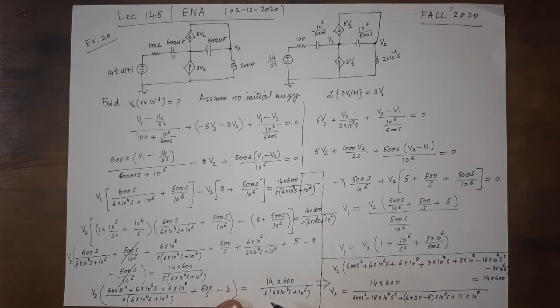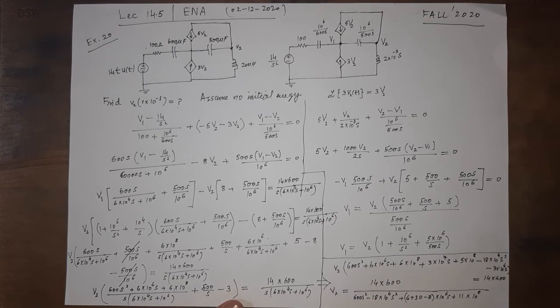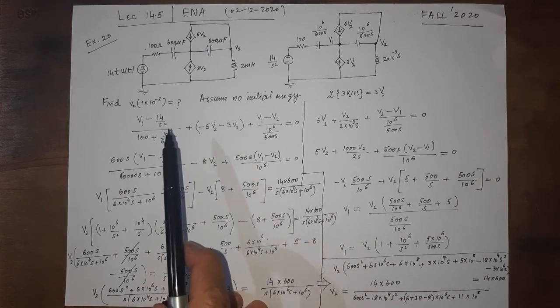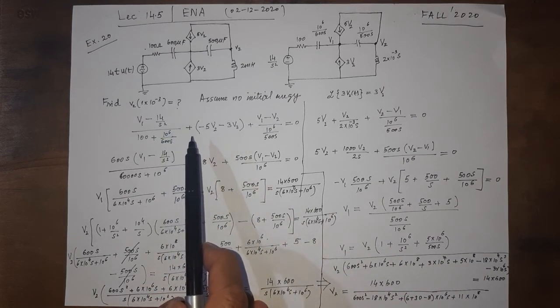I may have made a mistake, because I think this term should simplify to a single term. This is 600 and this is 1800 times 10 to the power 4. It's too big a difference for this to be subtracted properly. So we are going to get a square term here, an s term here, and a constant here, which we were going to factorize and then take partial fractions and simplify further. However, because of this minus sign, I believe there is some mistake.